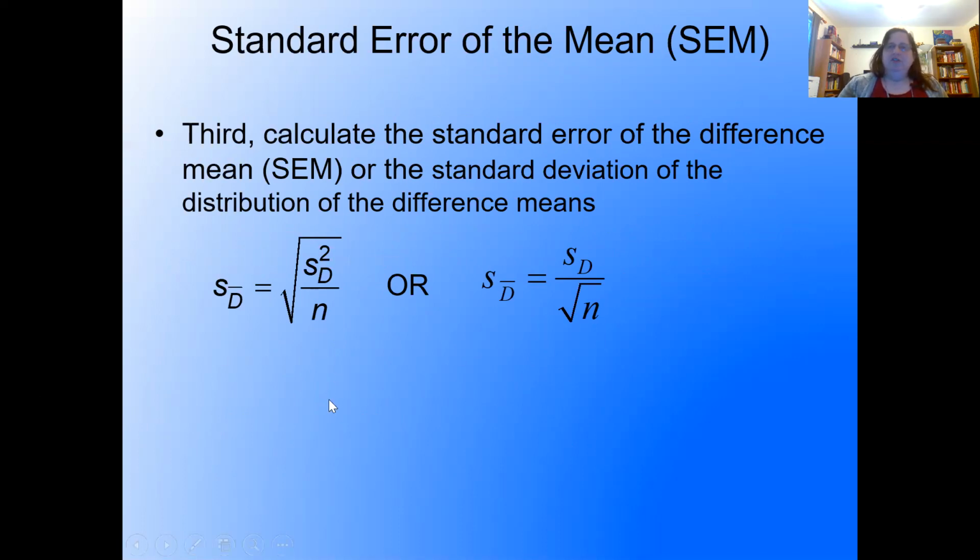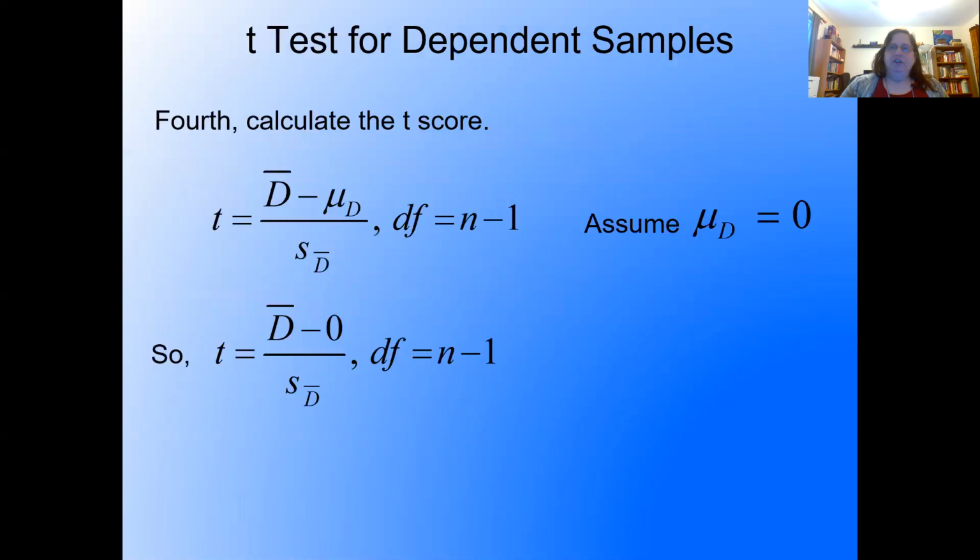So if I had already told you what S squared D was, you could move right on to here. Or if I had told you what SD was, you could move right on to here. And then finally, once you know your standard error, or if you're given the standard error, you can move on to this step. Okay.